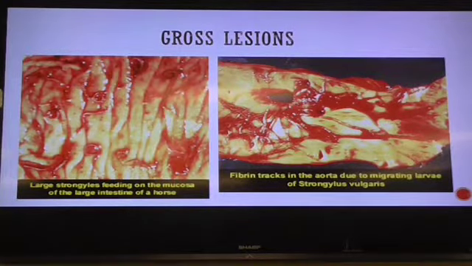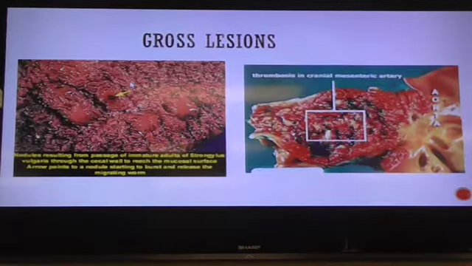Moving on to gross lesions, right here you can see the worms feeding on the large intestine. These actually aren't worms, but fibrin tracts, and these are the signs that worms leave, and you can see where they've been migrating from, and this is the aorta here. They pass from the large intestine to the cranial mesenteric artery and back to the large intestine.